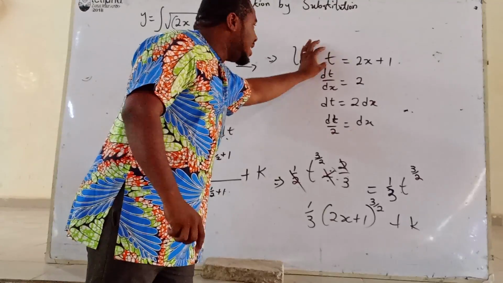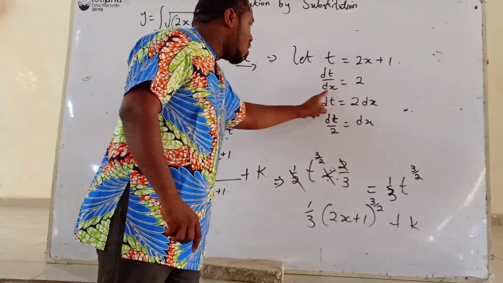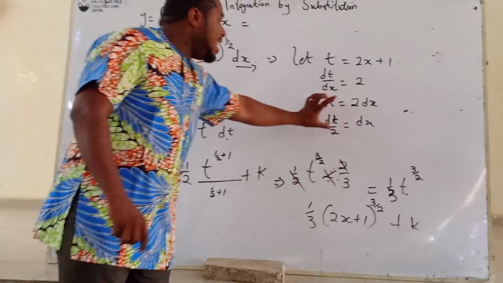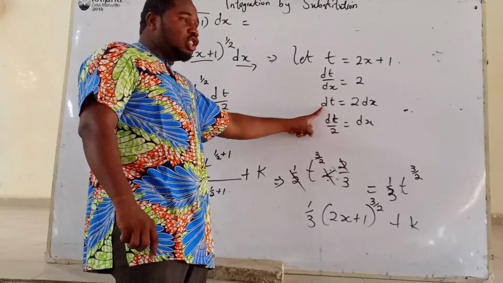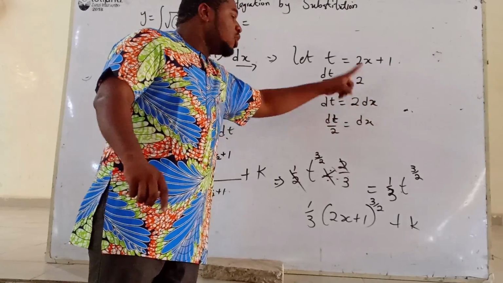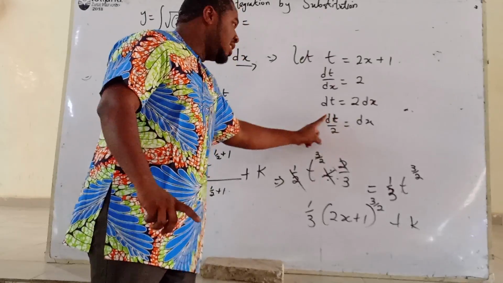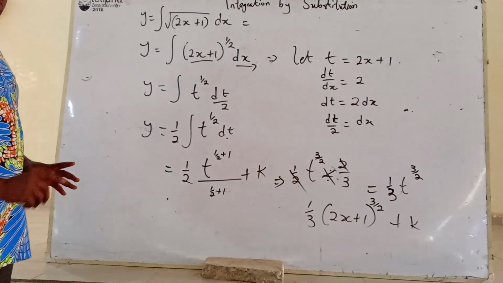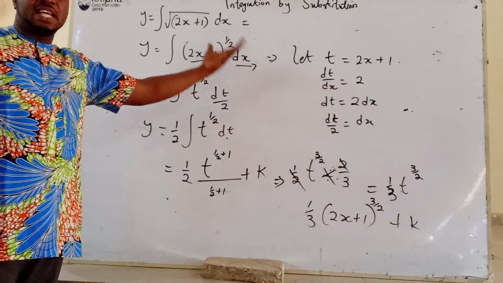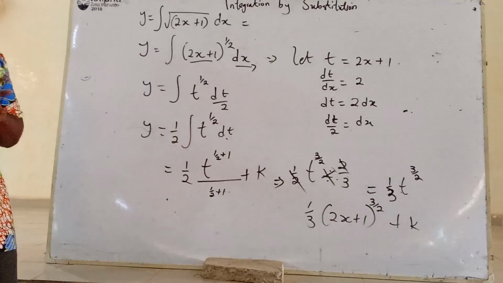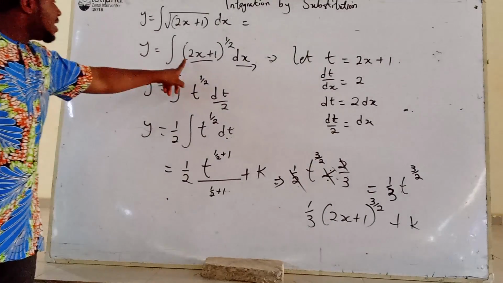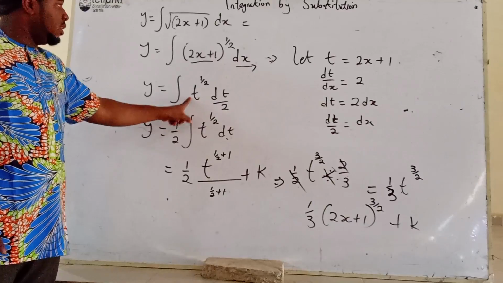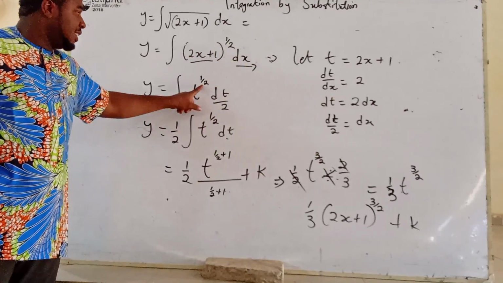So we differentiated t with respect to x, we get dt is equal to 2 dx. Now we can make dx the subject, so that dx is just dt upon 2. We carry everything we have observed and put it back into the integral. Instead of 2x plus 1, we put t raised to power half.